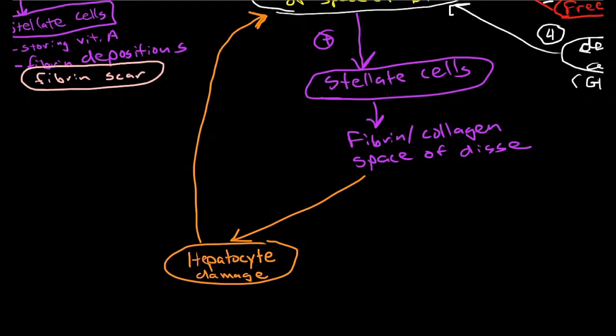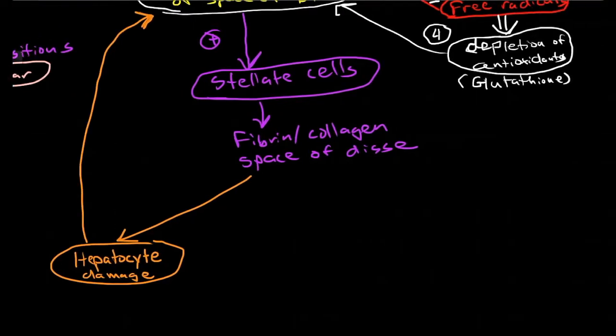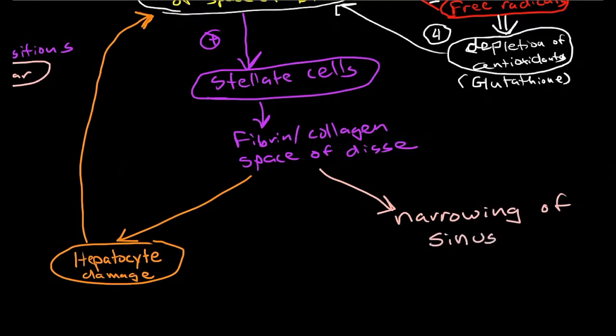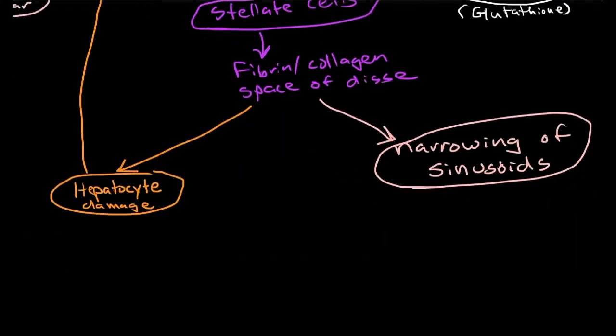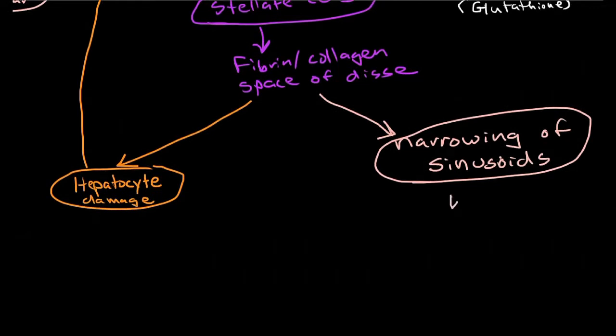Now the other thing is we have narrowing of the sinusoids. Now if you narrow enough sinusoids, what happens? Well, remember Poiseuille's law. If we have a reduction in radius, what effect does that have?